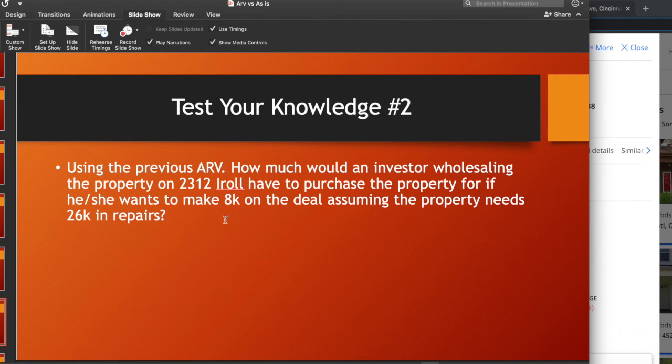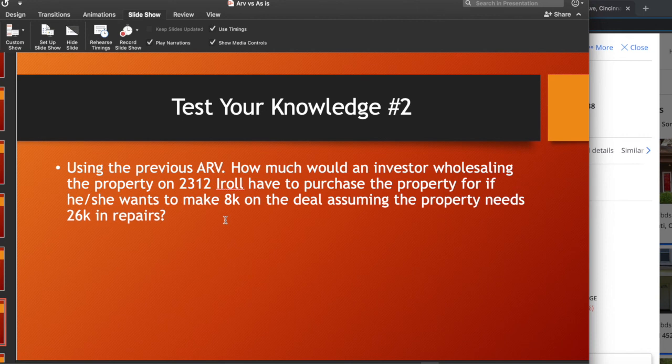I'm going to give you a second. Just think about that. I'll read that again for you guys. Using the previous ARV, how much would an investor wholesaling the property on 2312 Iro have to purchase the property for if he or she wants to make $8,000 on the deal, assuming the property needs $26,000 in repairs?